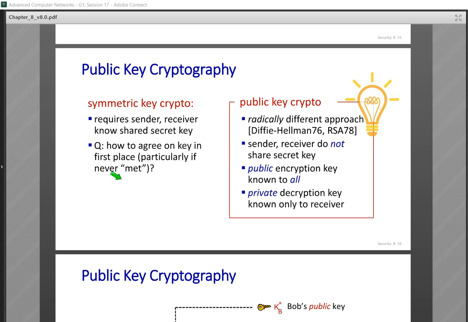Is there any solution to solve this problem? We should say yes. There is a powerful solution for this problem. We call it public key cryptography.